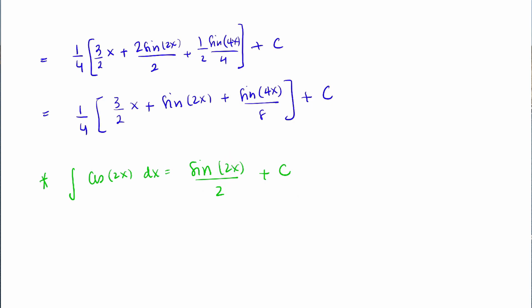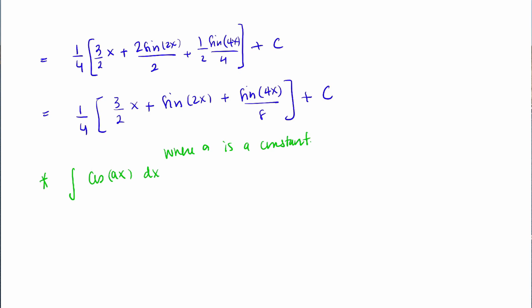I think you have to go through this process at least once and really understand that we're allowed to do this because the argument, what's inside cosine, is a constant times x. Let's say a times x, where a is a constant.